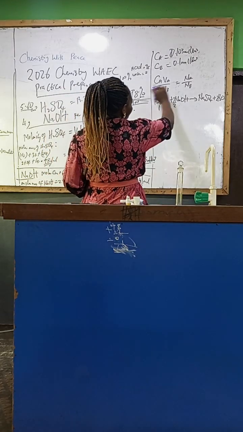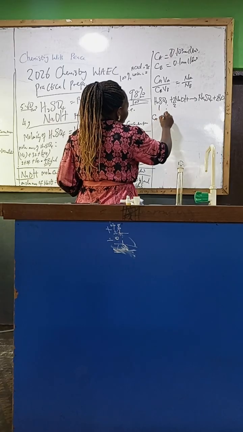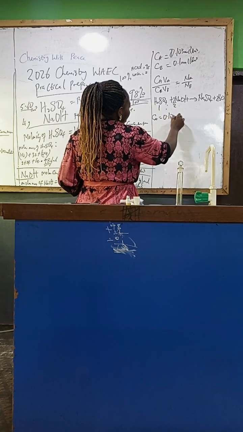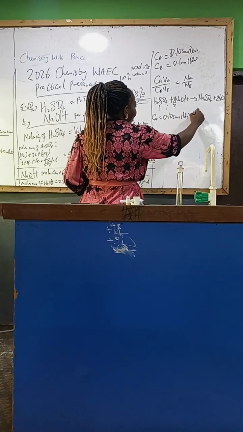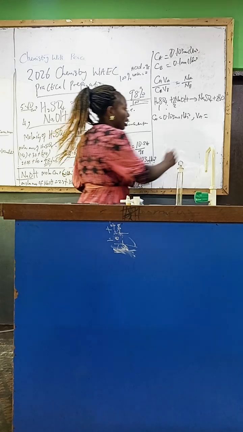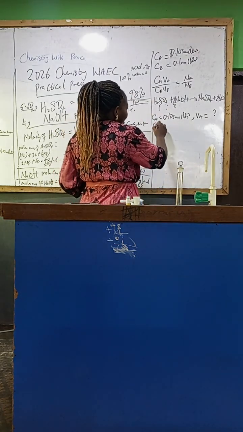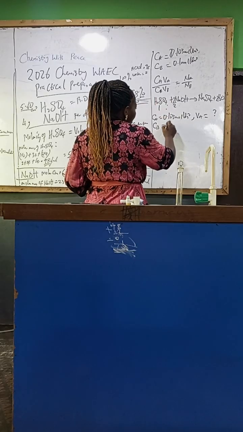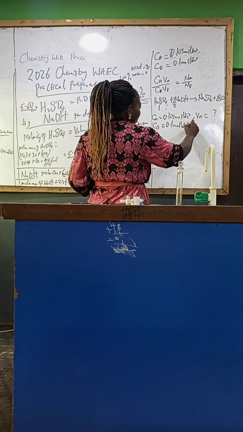Okay, so looking at that formula, we have our Ca given as 0.103 mole per dm cube. Our Va, we don't know it. That's what we are looking for. Then we have our Cb, which we got as 0.1 mole per dm cube.